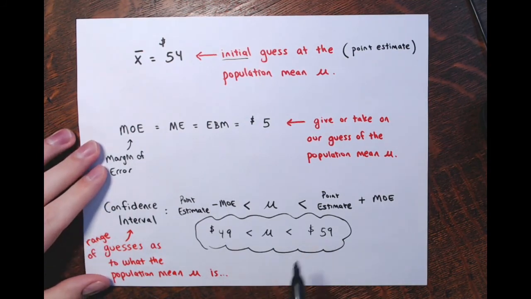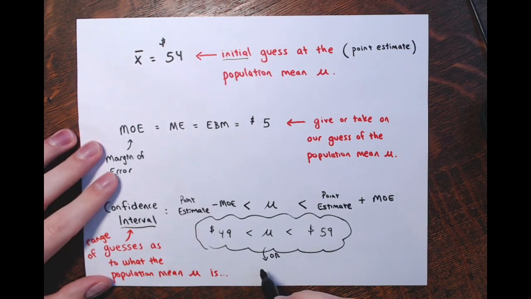So you can see it written this way, or in interval notation. It is a confidence interval, and you may recall interval notation from a prior algebra class, where you have the lower bound written, then a comma, and then the upper bound written, with parentheses around that. And this means the same thing.